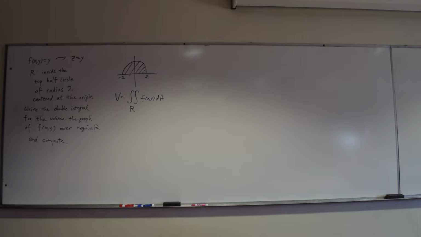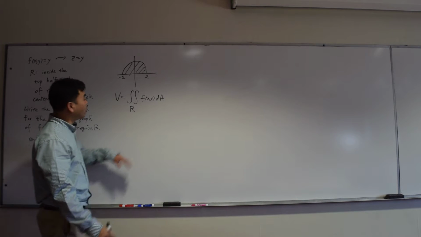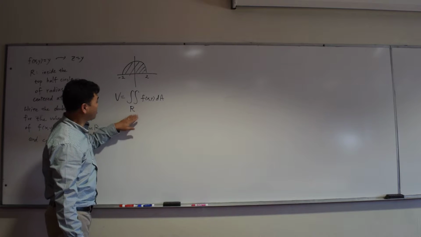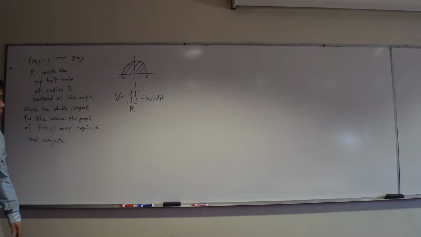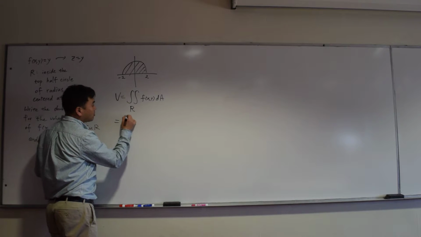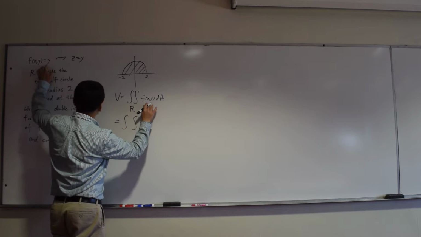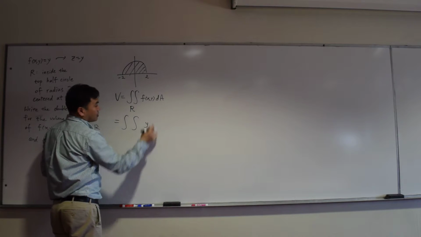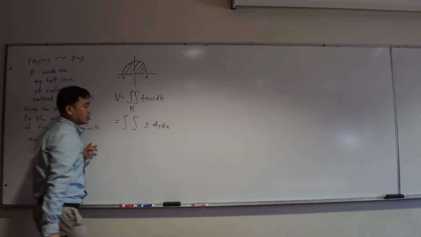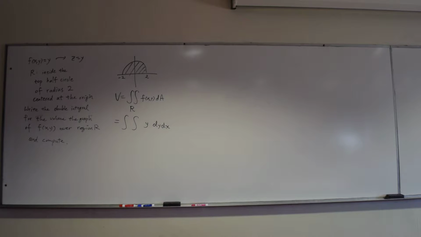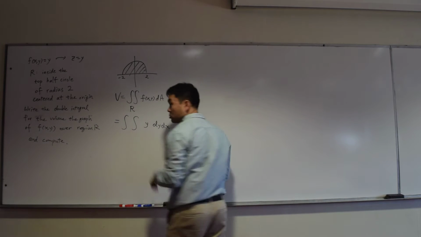The double integral has the meaning of the volume under the surface over the region R. So this is what we are trying to come up with. And since the function is given as just y, let's just say we want dy dx. I chose dy dx because it's easier to represent this top circle using y equal to something.